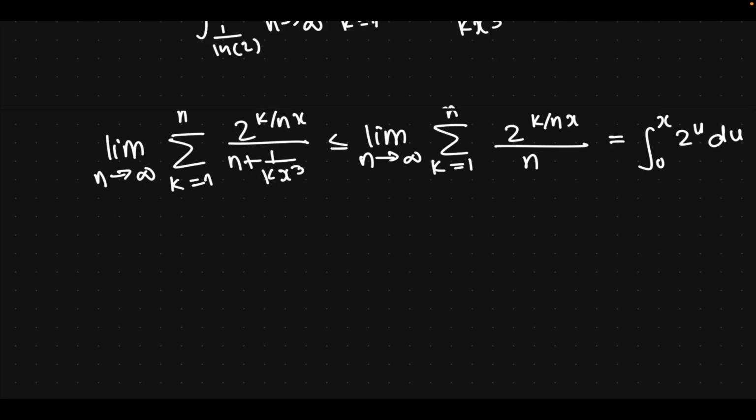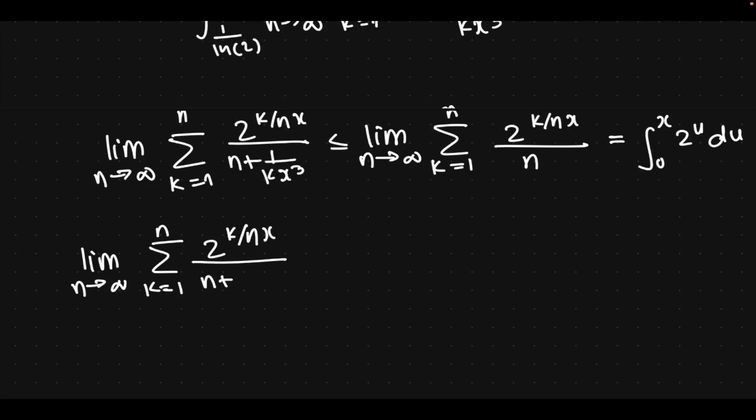And also notice that the limit as n goes to infinity, sum from k equals 1 to n, of 2 to the k over n, x over n plus 1 over kx cubed, also has a lower bound.